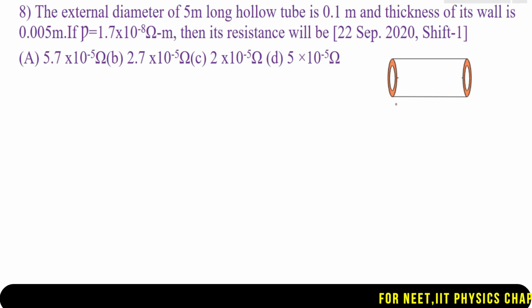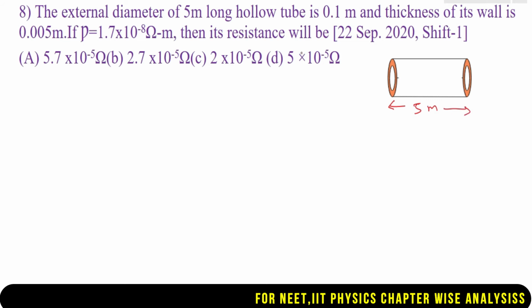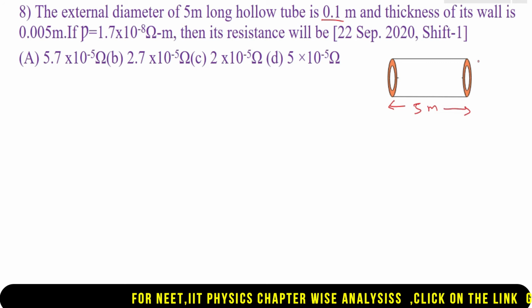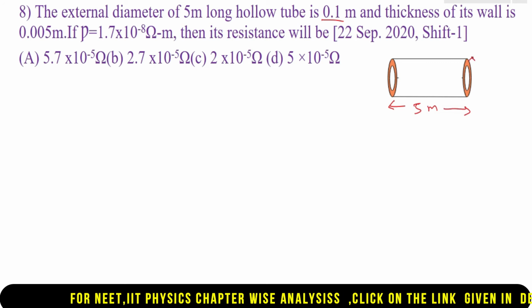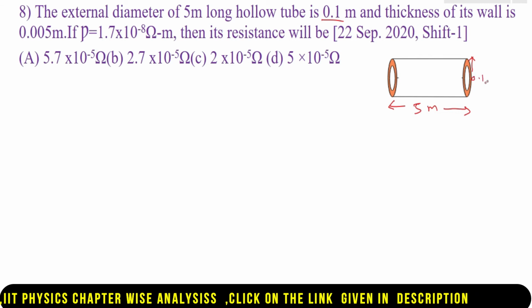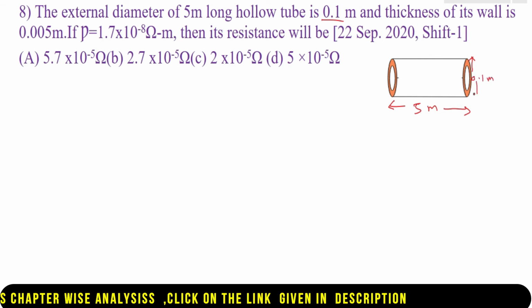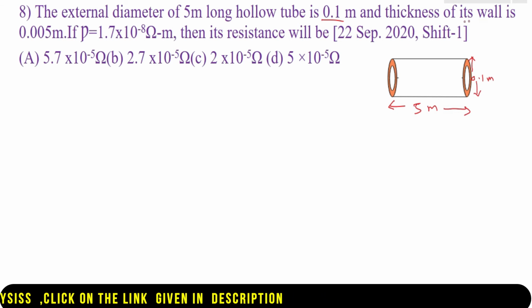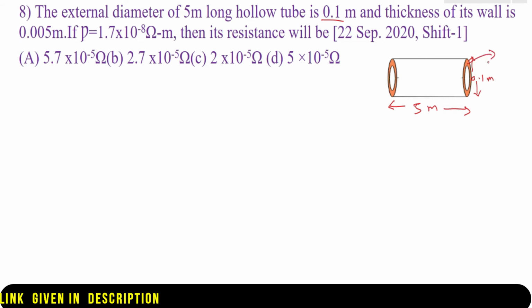Now you consider this as a hollow tube whose length is 5 meter, and he gave the external diameter as 0.1 meter. That means this distance, which is the diameter of the tube, will be 0.1 meter. The thickness of its wall, that is this colored part, is given as 0.005 meters.